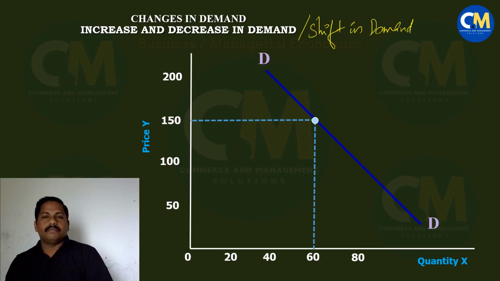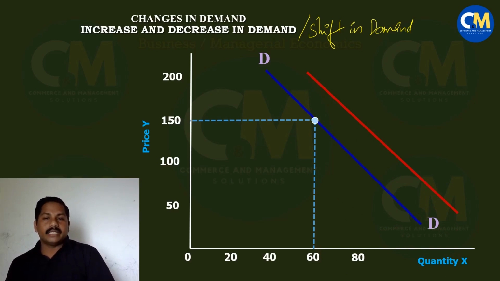That will be better. So draw the demand curve, then extend lines to the quantity axis and to the price axis, then you will get both the price and quantity. So here price is 150, quantity is 60.